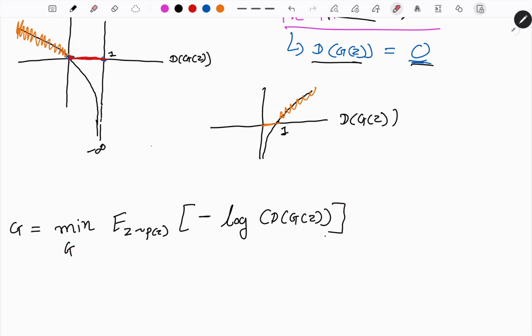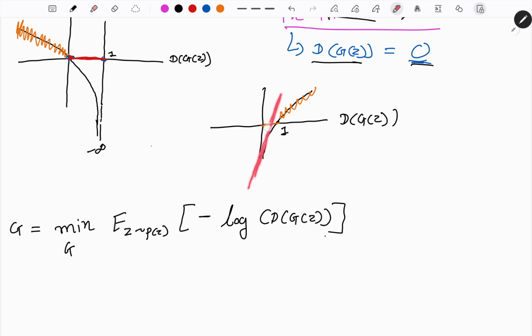Here it is initially 0, and if it is 0 then the slope value is also 0. Here D of G of z is also initially 0, because initially the probability corresponding to the generated data will say that it is fake data, since the generator would not have been trained well enough to generate good data. So if initially it is 0, or near 0, and somewhere lies here, and you calculate the slope, meaning the tangent at that particular point, then you have some significant value in your tangent.